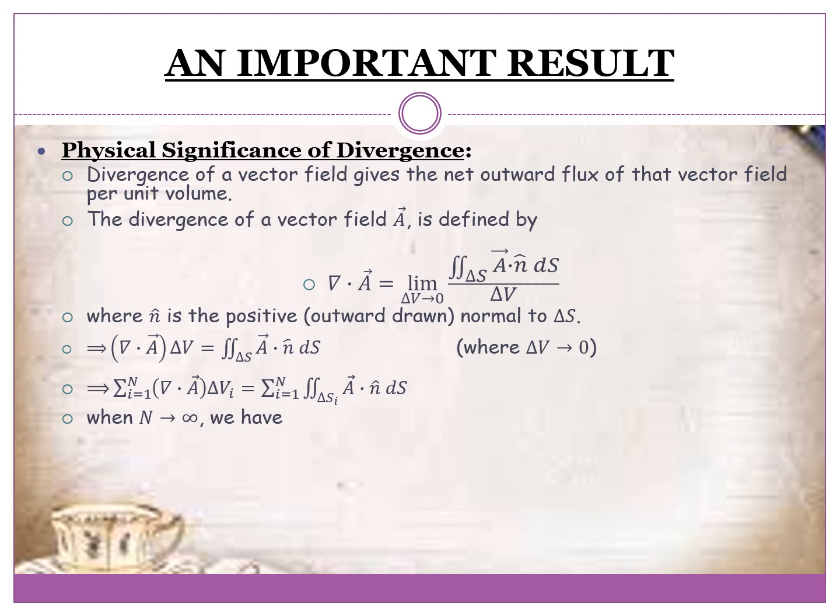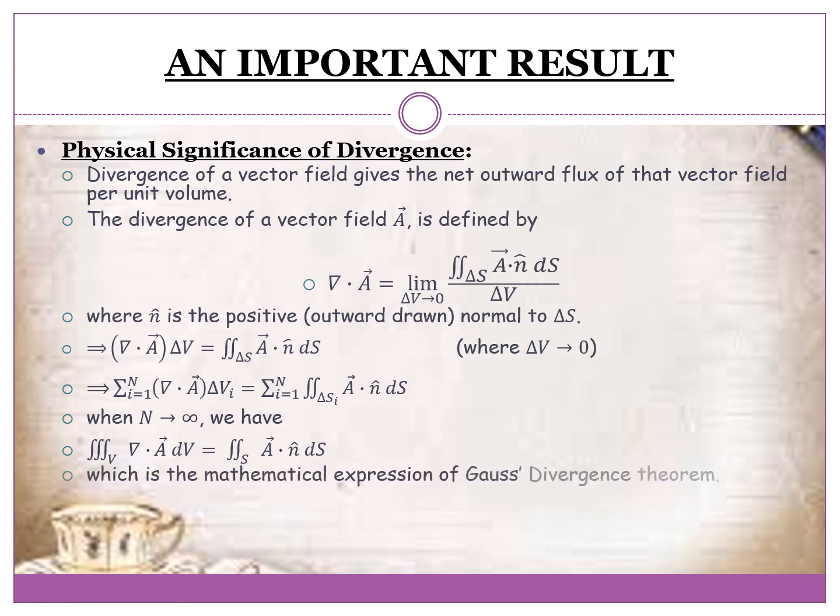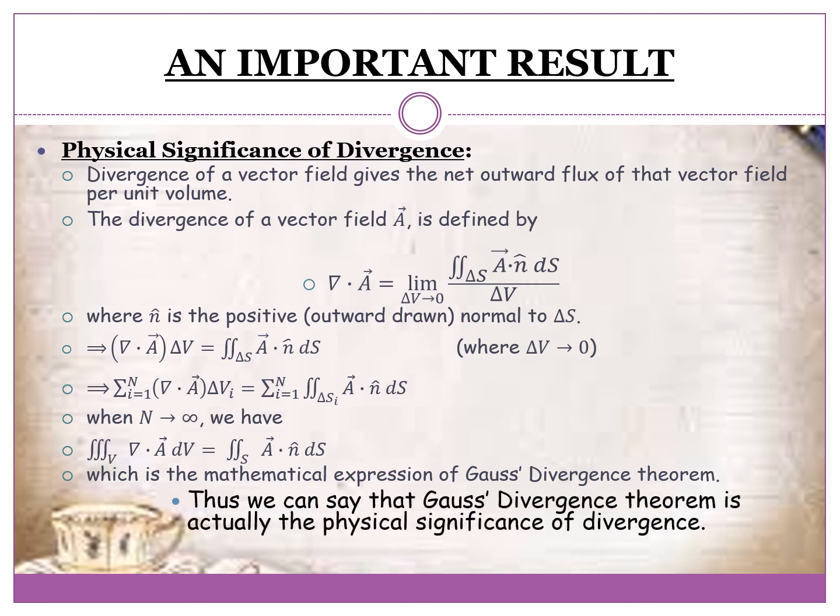If this n tends to infinity, we have the volume integral of del dot A dv. This summation is converted into the volume integral, and this summation is converted into the surface integral when n tends to infinity. And what is this? This is the mathematical expression for the Gauss divergence theorem. Thus, we can say that the Gauss divergence theorem is actually the physical significance of divergence.